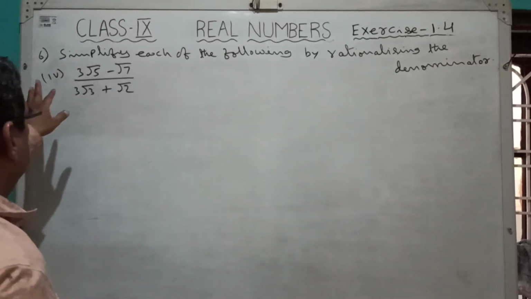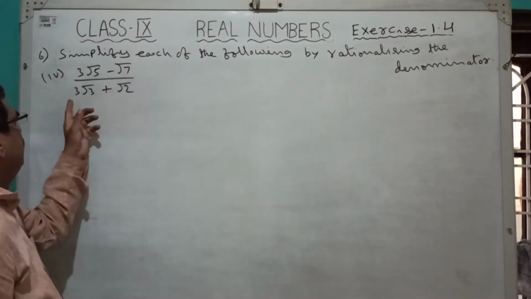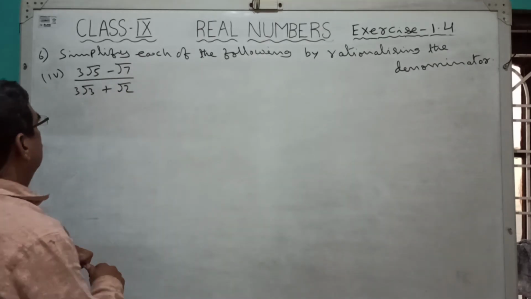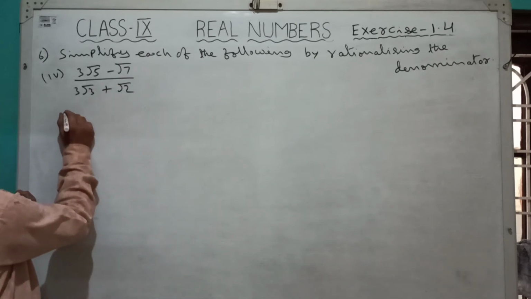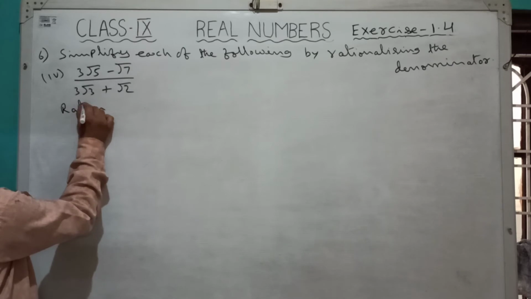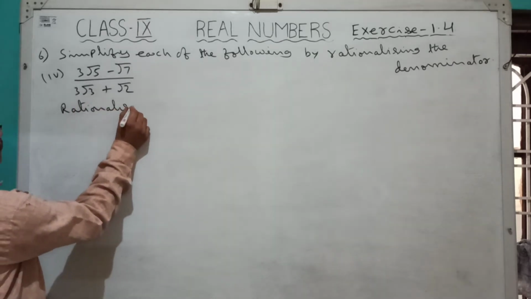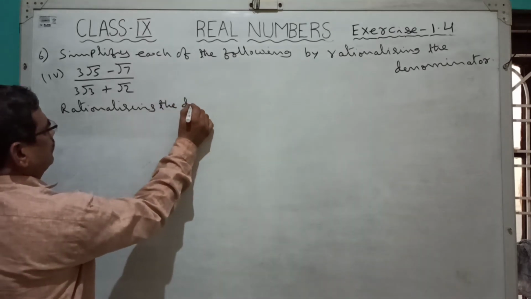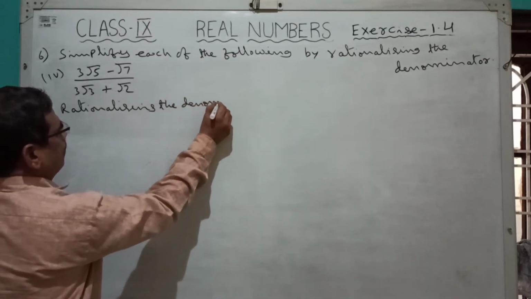So the next question is 3 root 5 minus root 7 by 3 root 3 plus root 2. So rationalizing the denominator.